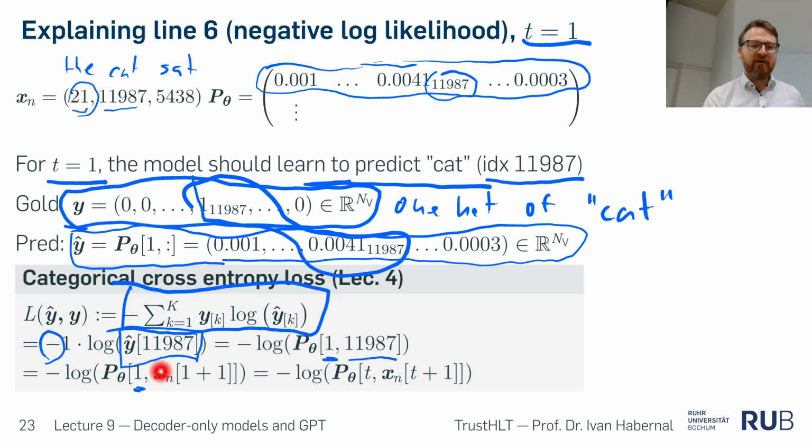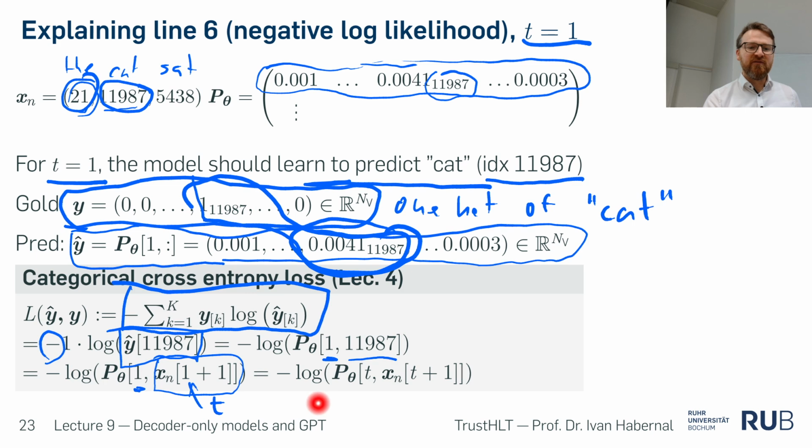I don't know what number it is, but we can generalize it: take the input at t, I'm sorry, and take the t plus 1 position. Okay, t is 1, so we are at this position, and here we should look at the index of the next position. This is 11,987, which is exactly where we find the number we are interested in.